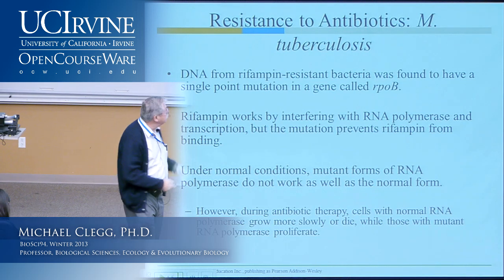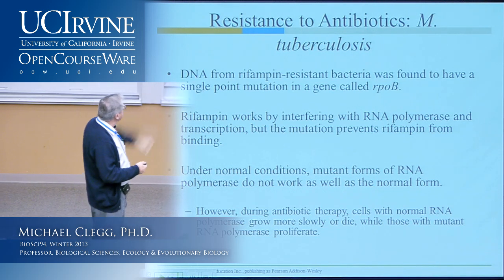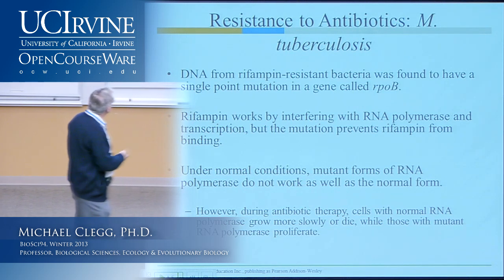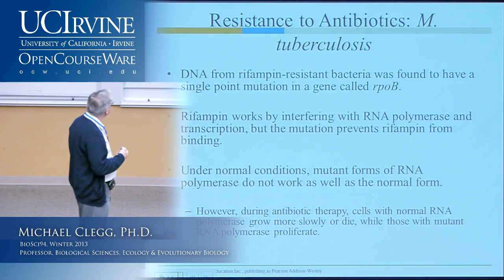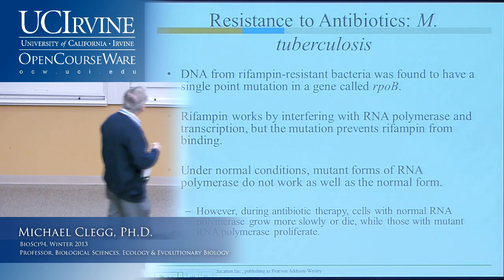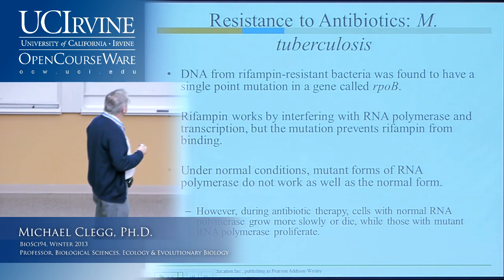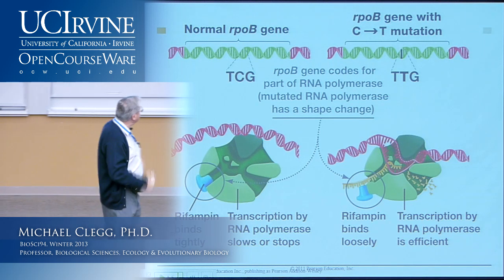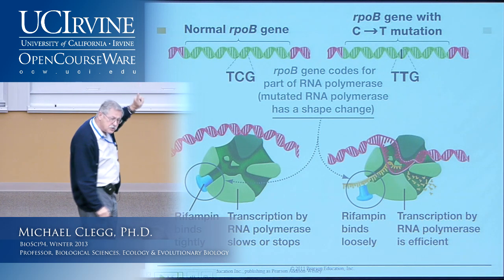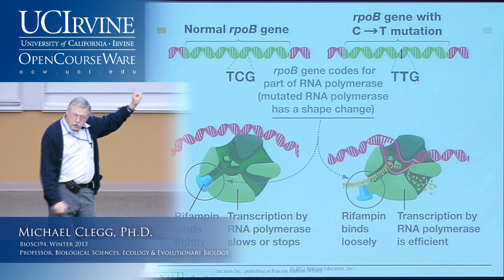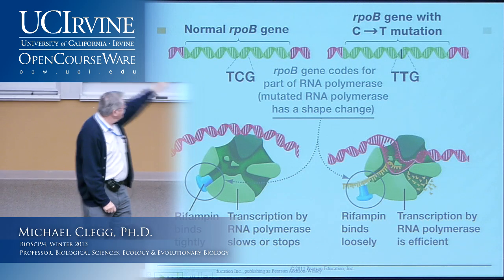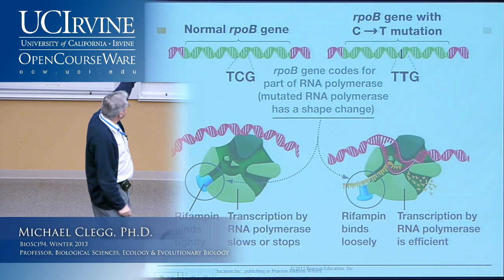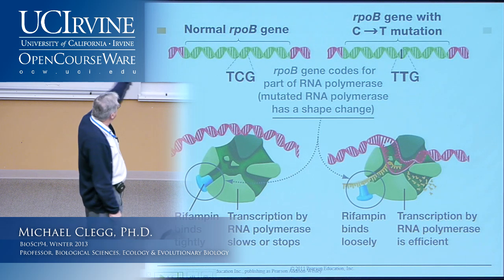They die. And it's been a very effective antibiotic in the case of tuberculosis. But in recent years, mutations have arisen in the RNA polymerase, and in fact, just a single mutation, which makes the polymerase resistant to rifampin. And in fact, it's a single base pair change.